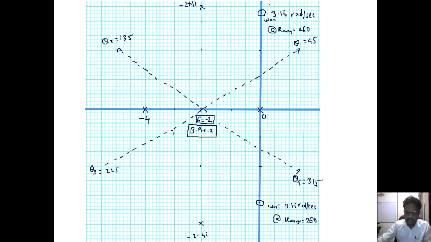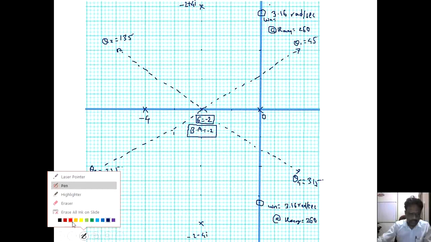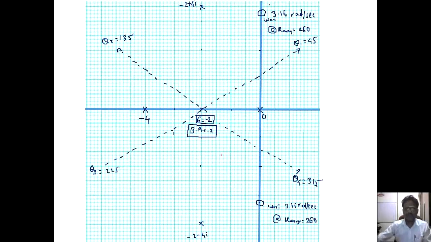Now let us draw the exact root locus, so I am just changing the ink color. One more part is there, phi d, the angle of departure, that needs to be shown here.